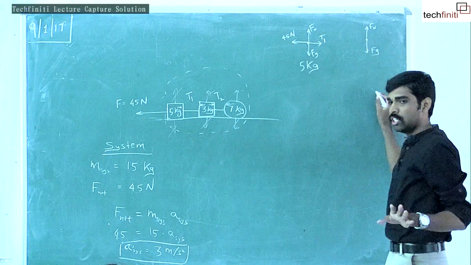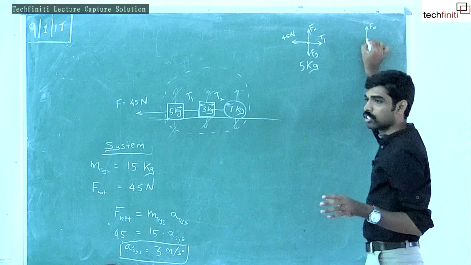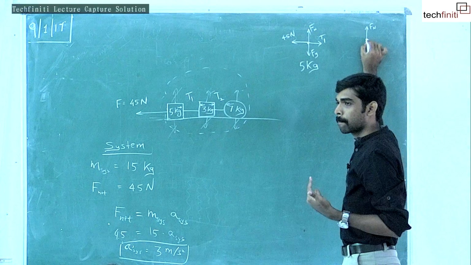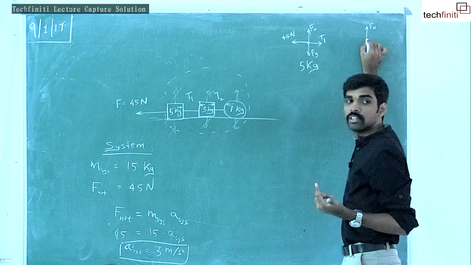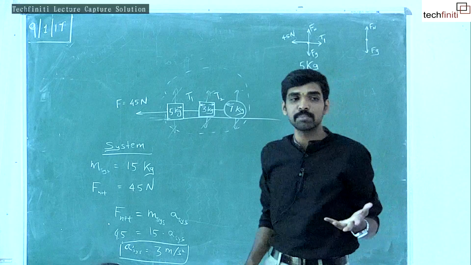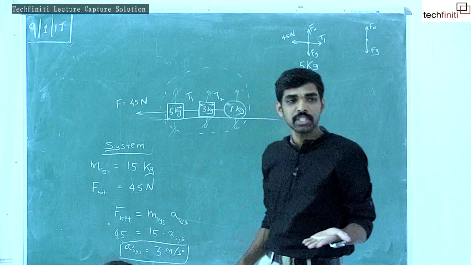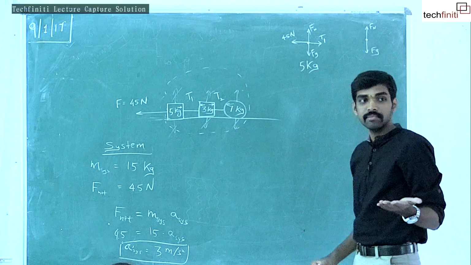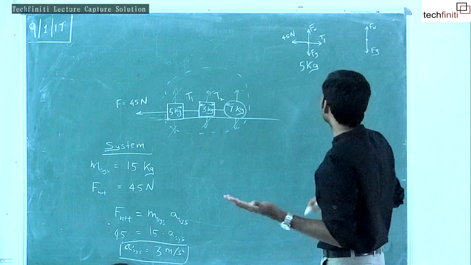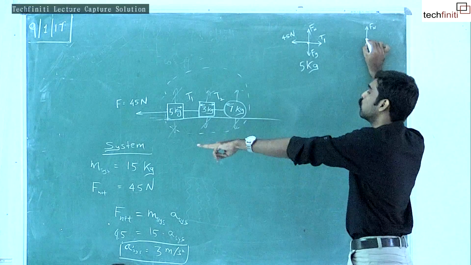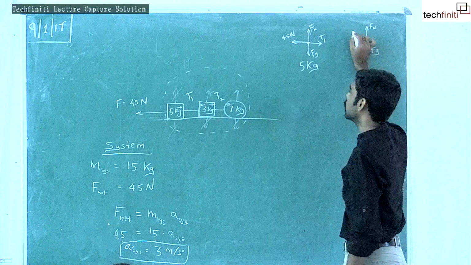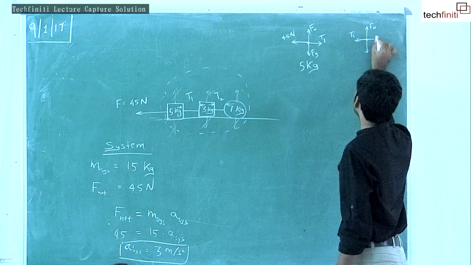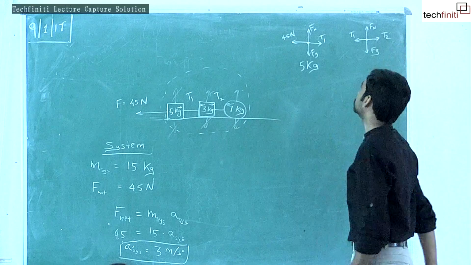Now this 3 kg, what are the forces acting on it? Yes, it is a smooth plane. I said it is a frictionless plane. What are the two forces acting on the 3 kg? T1 towards the left, T2 towards the right. Right?